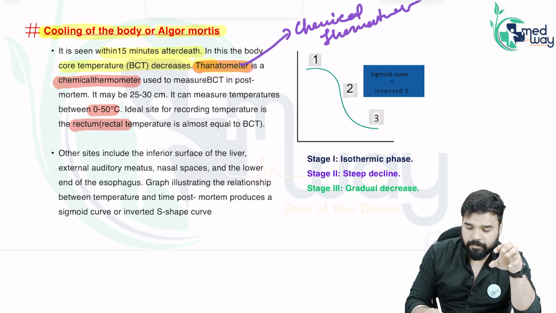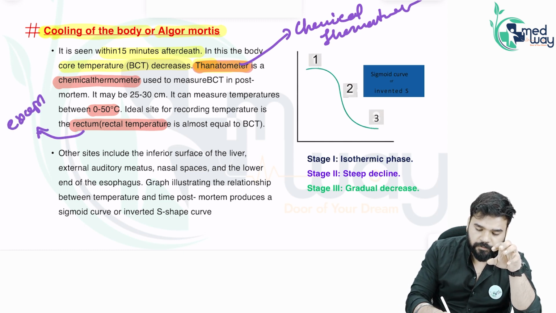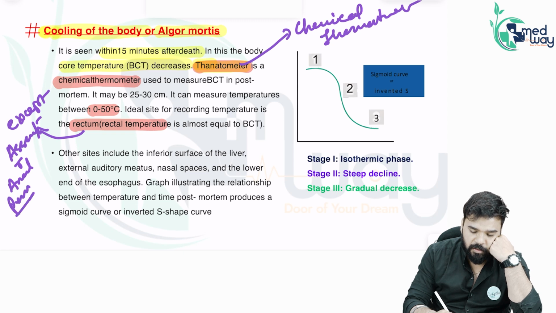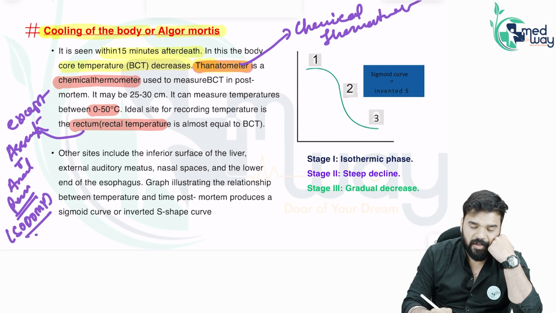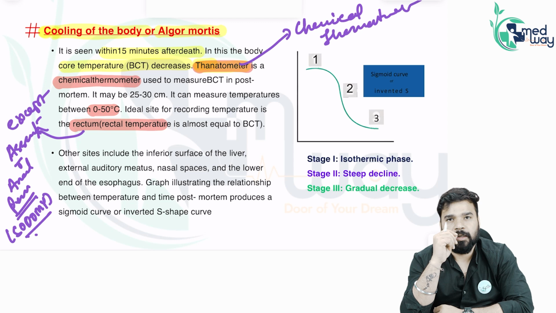It is rectum. Okay, but except in assault cases where anal penetration is there, means in sodomy, if the case is of sodomy, you will not use the thermometer in the rectum to measure the temperature.